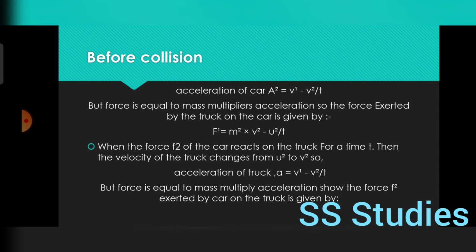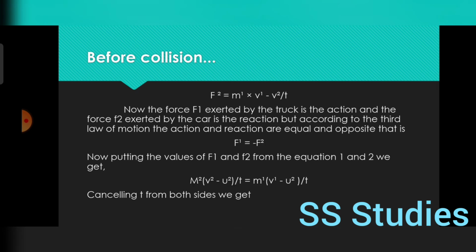When the force F2 of the car reacts on the truck for a time t, the velocity of the truck changes from u1 to v1. So the acceleration of the truck a1 would be (v1 minus u1) by t. The force F2 exerted by the car on the truck is F2 equals m1 into (v1 minus u1) by t.